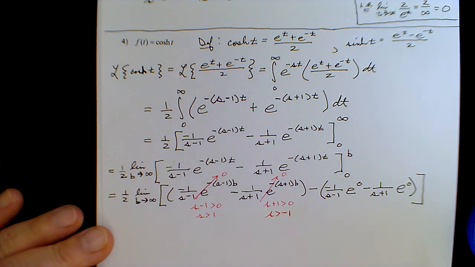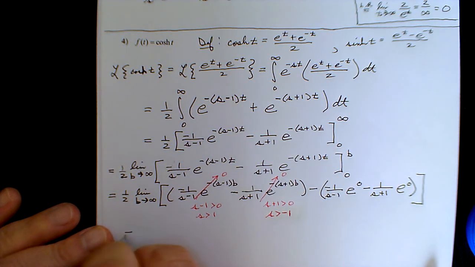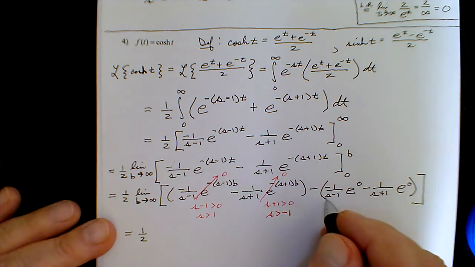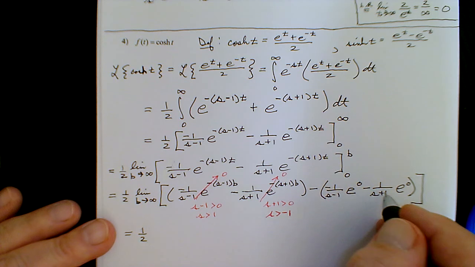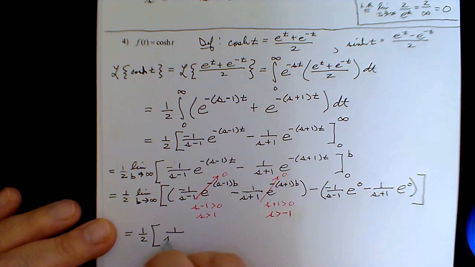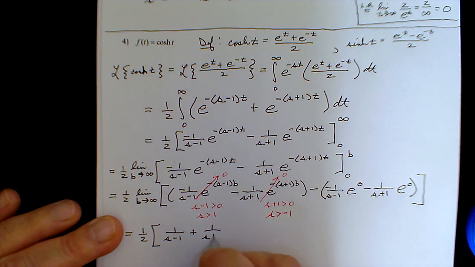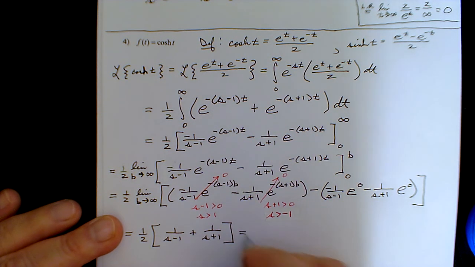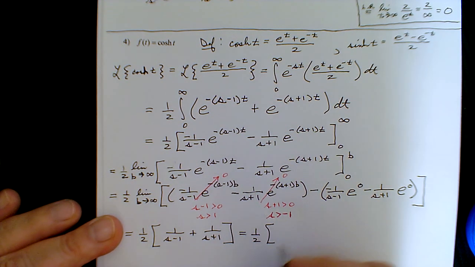And so then finally we get 1/2 times, okay, what's here, distributing the negative and e to the 0 is 1. Just get 1 over s minus 1 plus 1 over s plus 1. And then we could do some basic algebra.